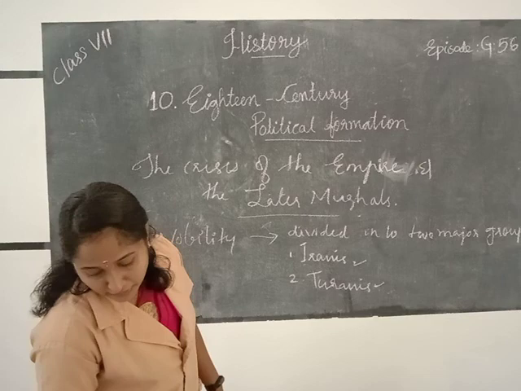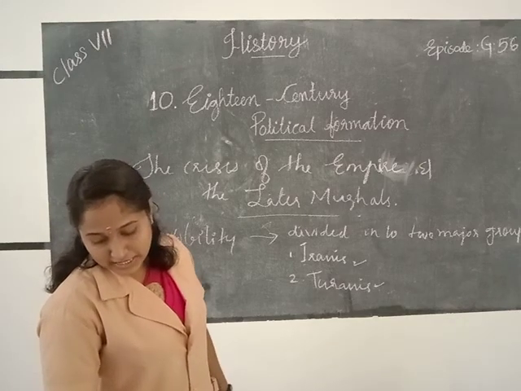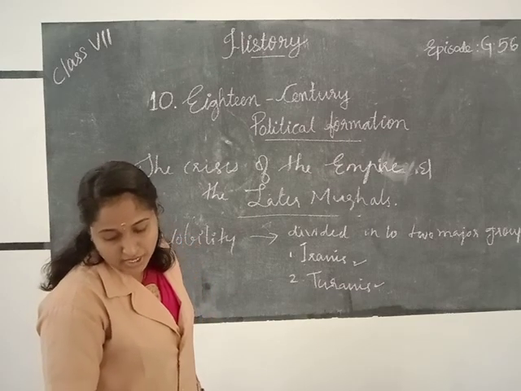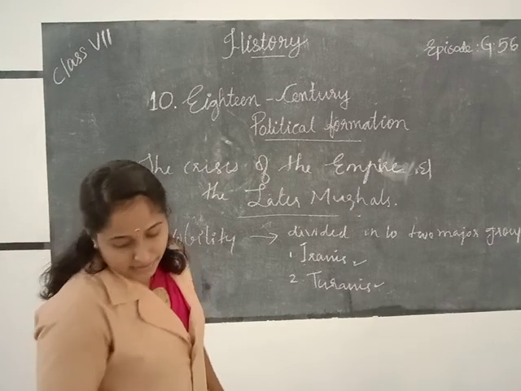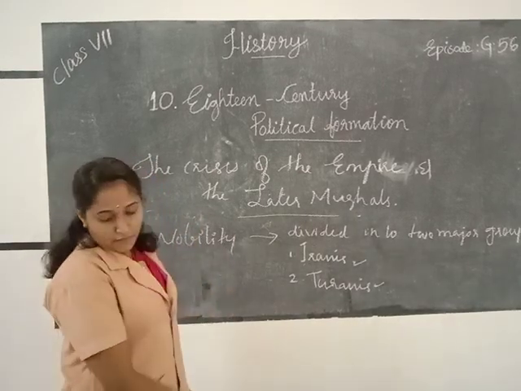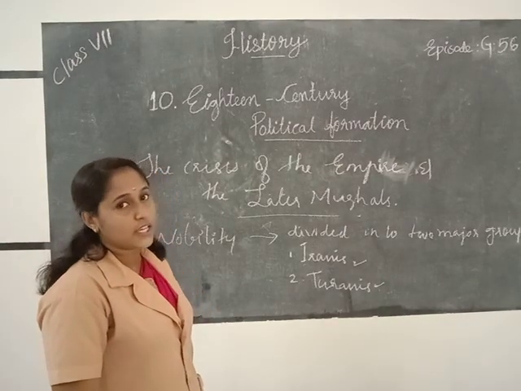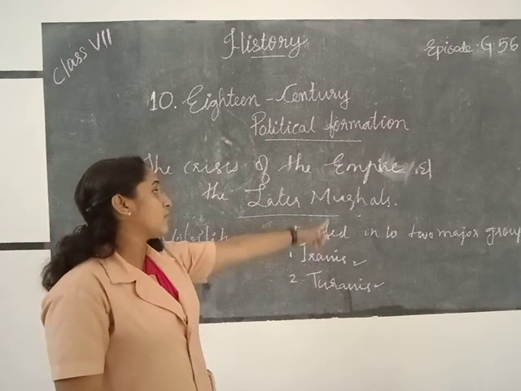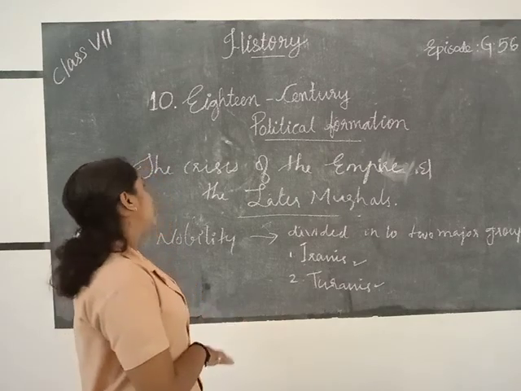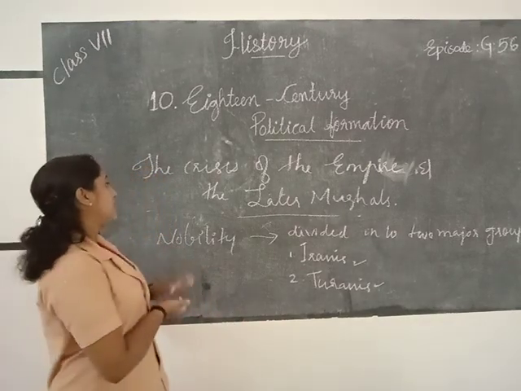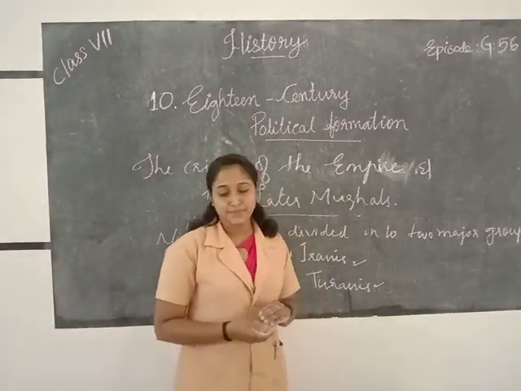There is a picture, Figure 1, a painting or portrait of Nadir Shah. We know that he attacked Delhi in the year 1739. That created a huge change for the Mughals. So this actually made the crisis of the empire and the later Mughals. Okay.